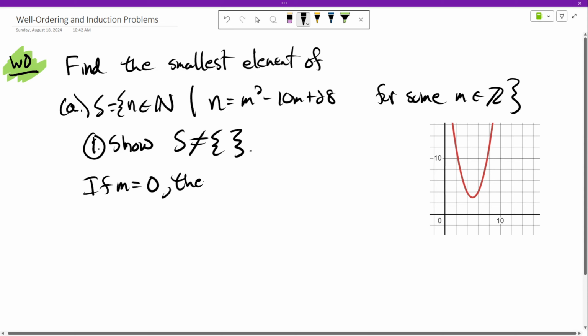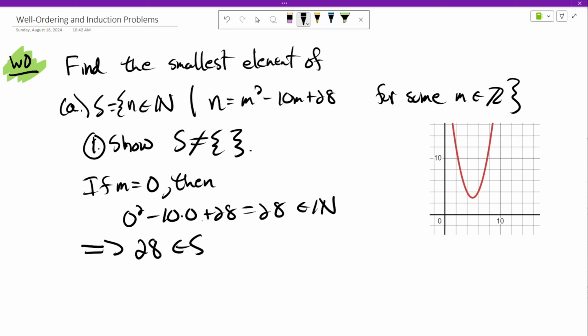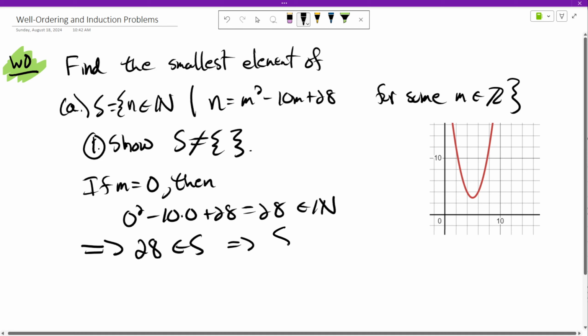Then 0 squared minus 10 times 0 plus 28 is a natural number. So what this is telling us is that 28 is in S, because we can write 28 as an integer squared minus 10 times that integer plus 28. So this tells us that S is not empty. In fact, it has 28 in it.